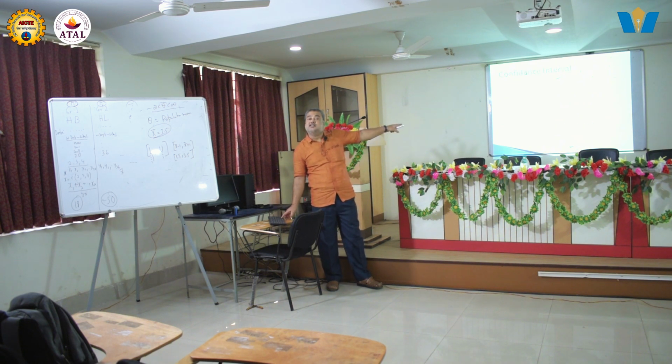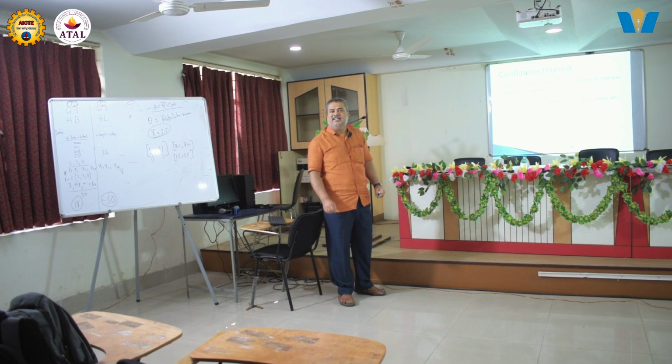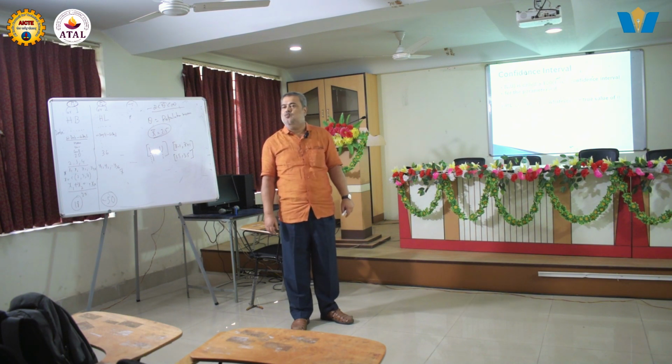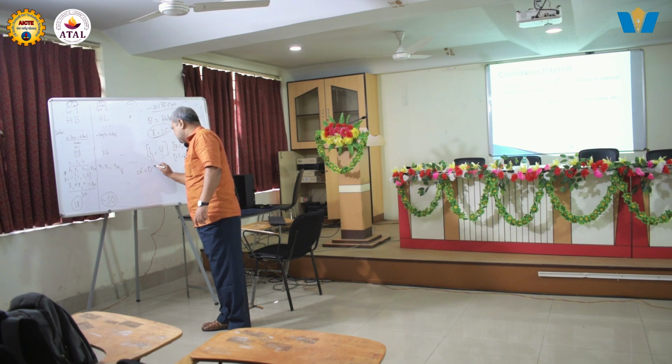Now, what is a confidence interval? It's not only an interval. Some confidence statement should be there. What is that? The chance that theta lies between L and U is greater than or equal to 1 minus alpha. Suppose your alpha is 0.05.